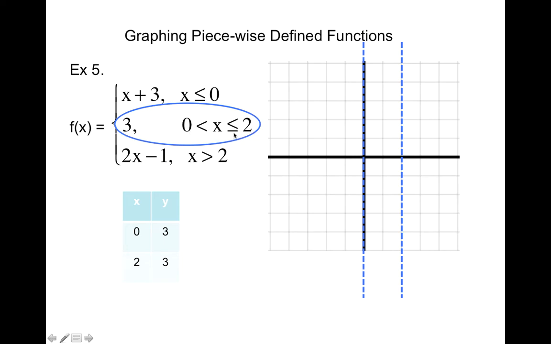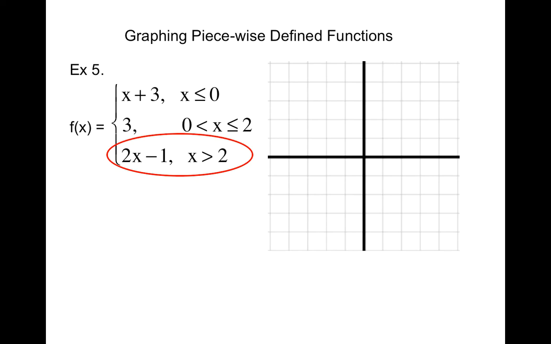The 2, however, has an equal sign here, which means x is allowed to be 2. It's part of the domain, and then 3 is going to be my ordered pair. So notice at 0, 3, I use an open circle, but at 2, 3, I use a closed circle. I connect the 2 as it's a horizontal line, and I now have the middle piece of my graph.